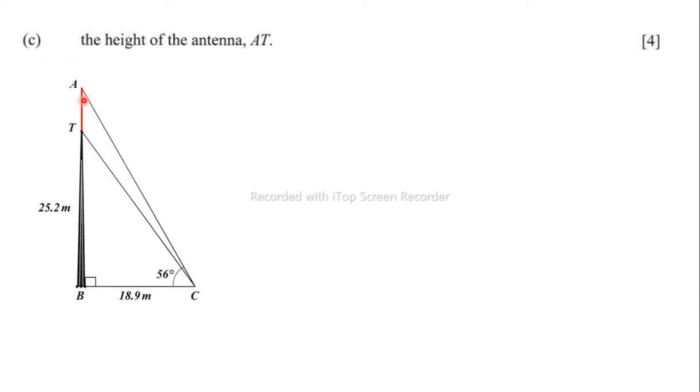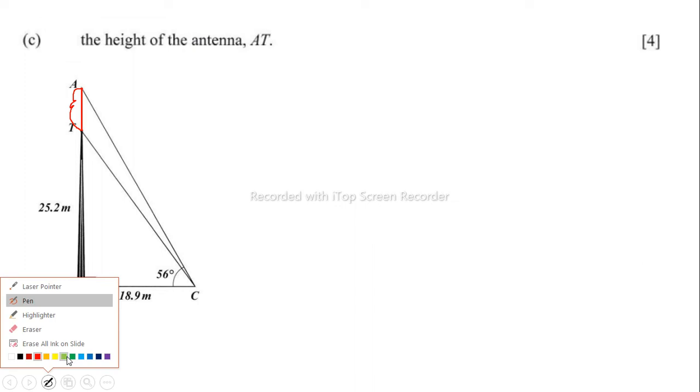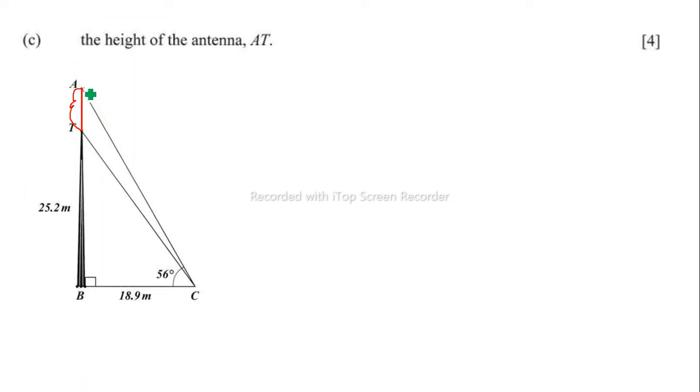You can repeat that? We know we're trying to find AT, this particular length. But this is part of a whole line, the whole line AB. So this small part is a part of the whole line AB.